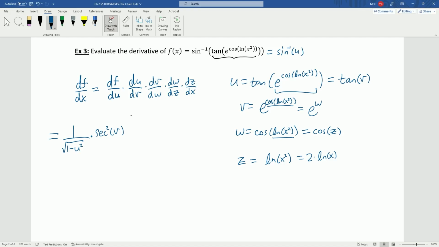Okay, dv dw. The derivative of v with respect to w is e to the w. dw dz, I look at w. The derivative of cosine is negative sine of z. And dz dx, well, that's 2 times 1 over x, or 2 over x.